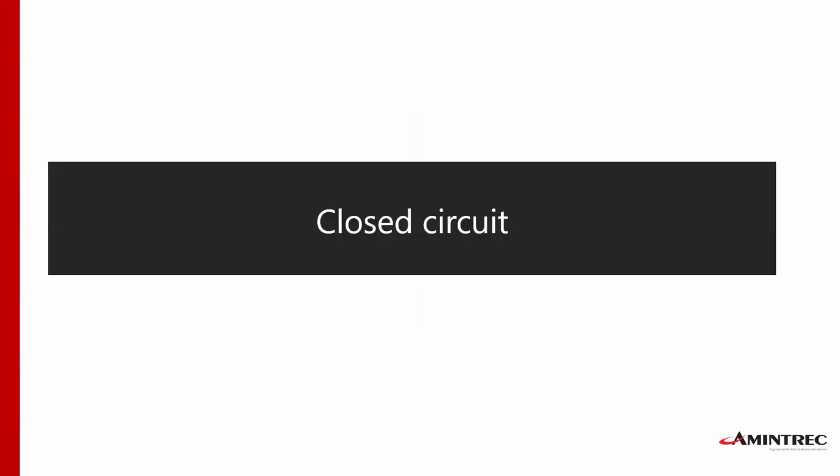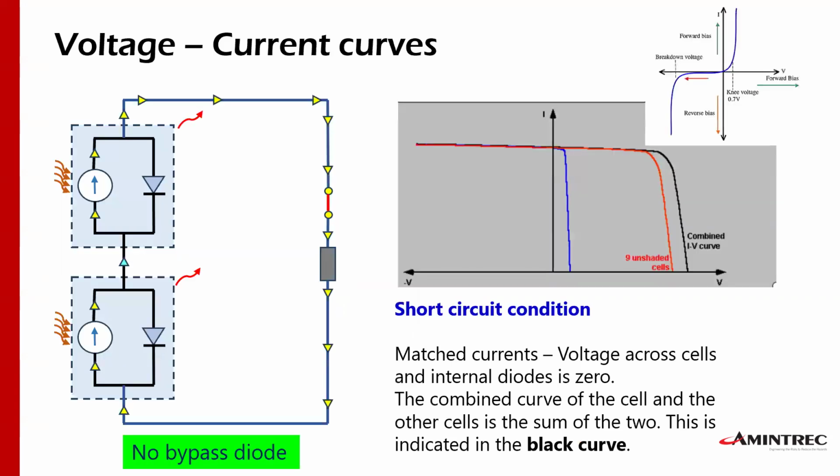We're going to analyze a closed circuit and an open circuit. When I have a closed circuit and I only have the cells like this, this is my load, so I don't have bypass diodes in my circuit. Then this is the curve. I'm going to explain with two cells only. Both cells receive the same amount of sunlight.